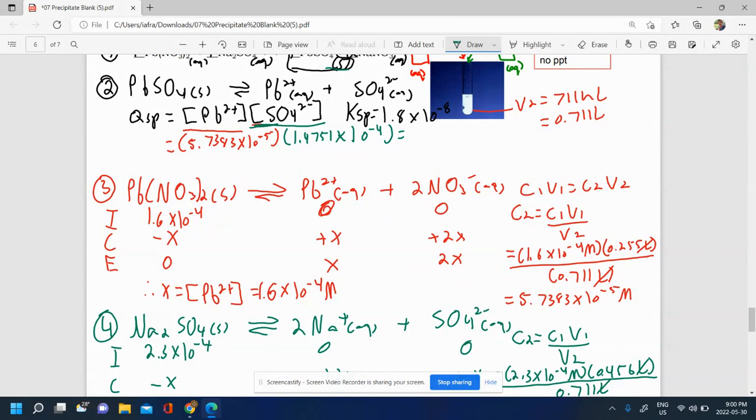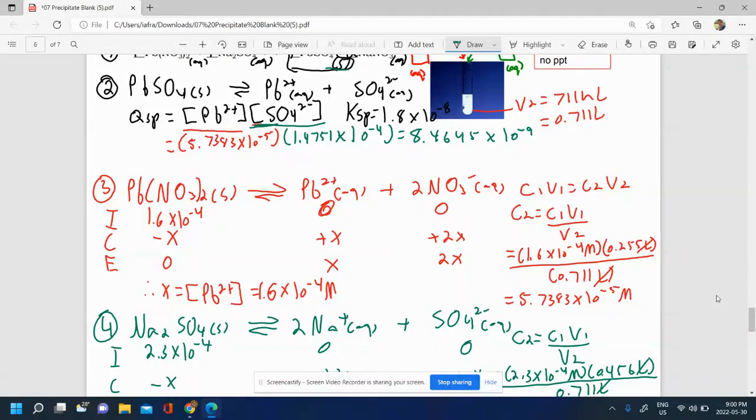Okay, let's press equals. Whoops. Let's try it one more time. Now it should work. Another calculator error. 5.7383 times 10 to the negative 5 times 1.4751 times 10 to the negative 4. And we get 8.4645, so on and so forth, times 10 to the power of negative 9. That's our QSP.